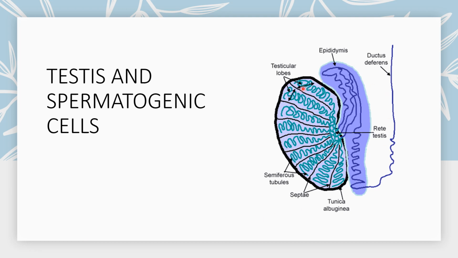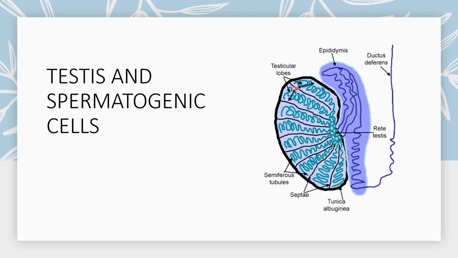You can see this is the appreciation of the gross nature of the testis. Just parallel to it, more like a superimposed, anteriorly located epididymis is there. And then you're going to appreciate the ductus deferens, that is what you call the vas deferens, that is responsible for the transportation of the sperm when it is ready for ejaculation.